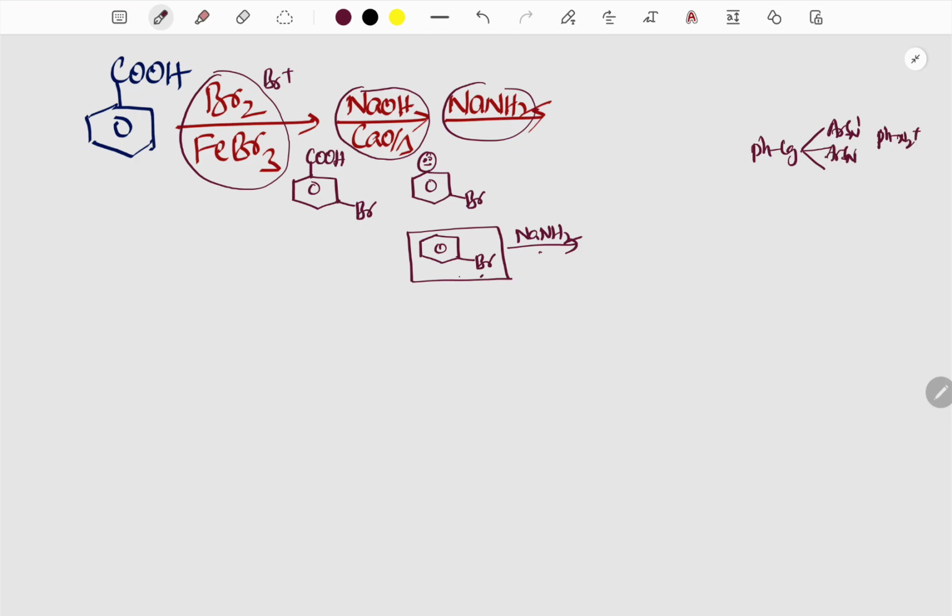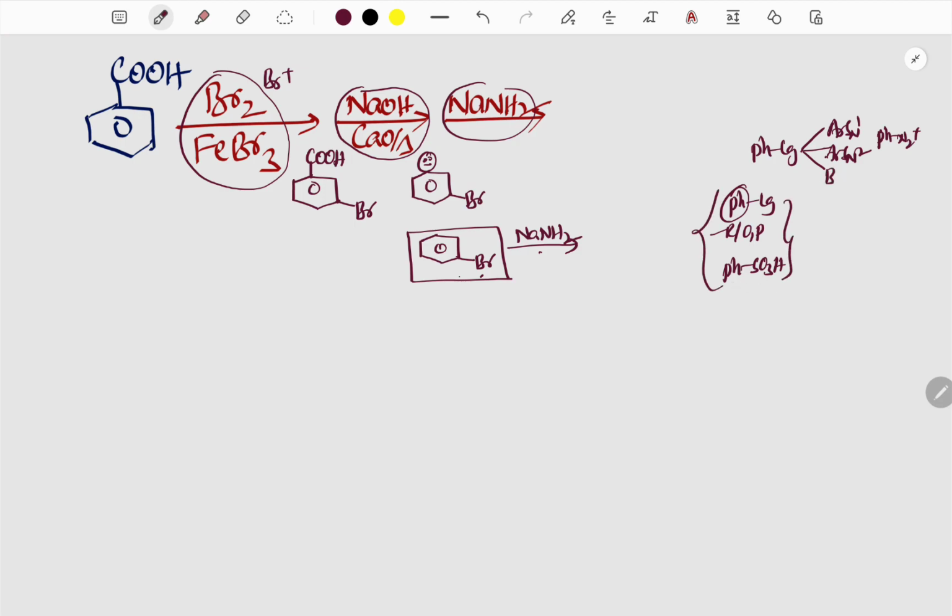Next SN2Ar: it is possible if it is connected to a minus R group at the ortho or para position with a suitable leaving group. So in these two cases only SNAr.